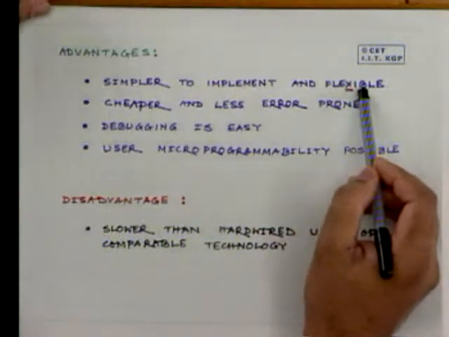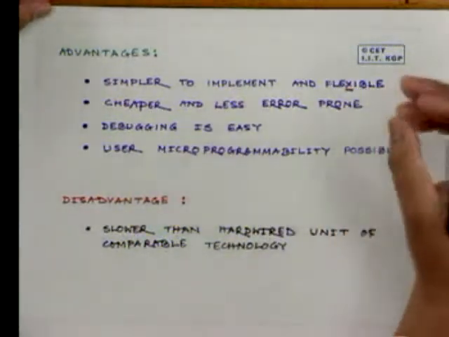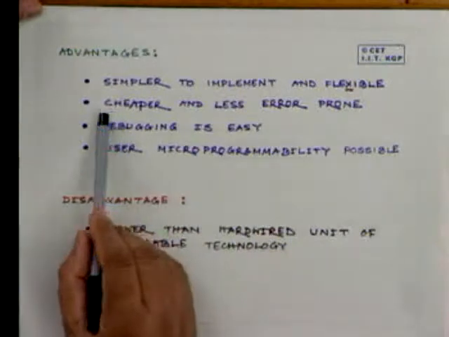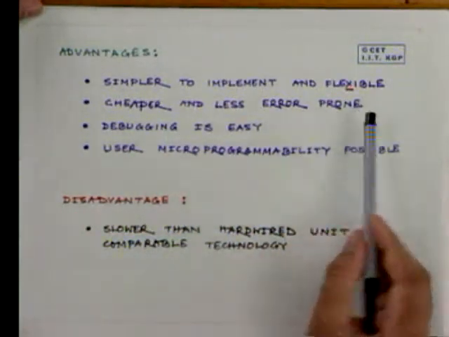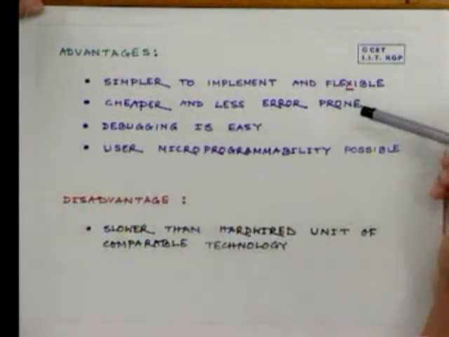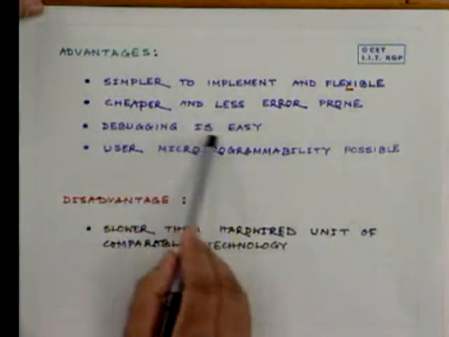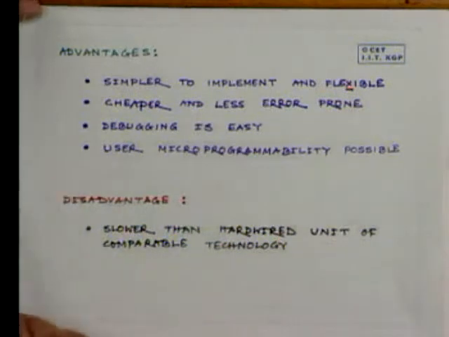But in here, we'll have to add a sub-program within the complete microprogram, and the total control memory has to be loaded once more accordingly, right? Another advantage is that it is cheaper and less error prone, because it's a program and we can debug it easily also, right?